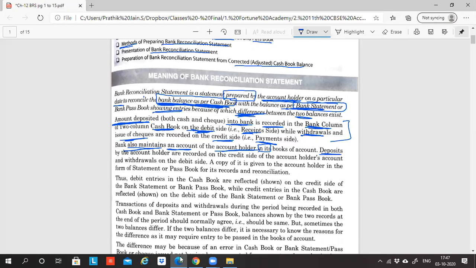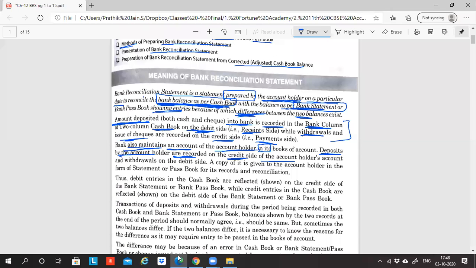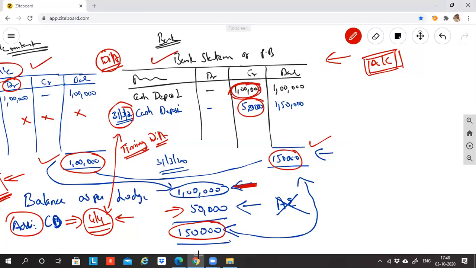Deposits by the account holder: the money which we are depositing in the bank account is recorded on the credit side of the account holder. Whenever we deposit money, the banker will record this 1 lakh on the credit side because it is a liability for the banker. And withdrawal: if I withdraw, let's say, 20,000 rupees, this 20,000 rupees will be recorded on the debit side. Why? It decreases the liability.